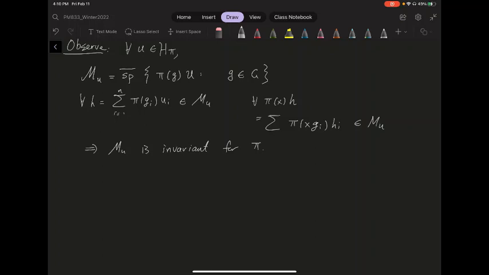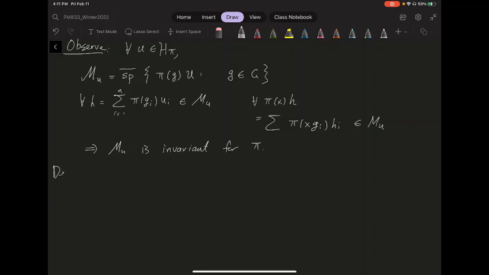And of course, if your pi is irreducible, and you take u non-zero, then you get something non-zero, so this h pi will be equal to M of u. These kinds of representations get a special name. Because their space can be written as the span of the image of a single vector, we call these cyclic representations.